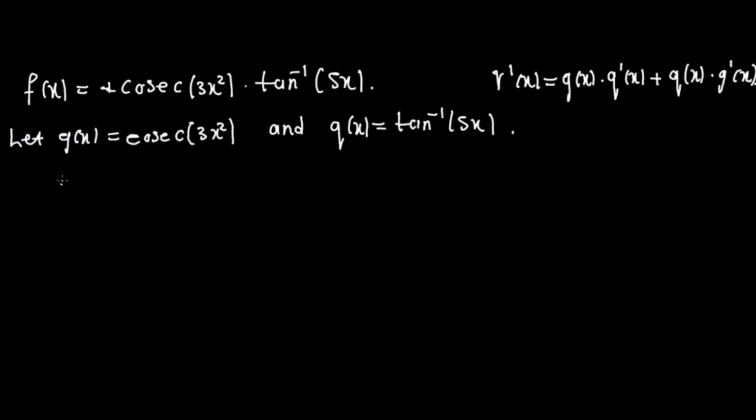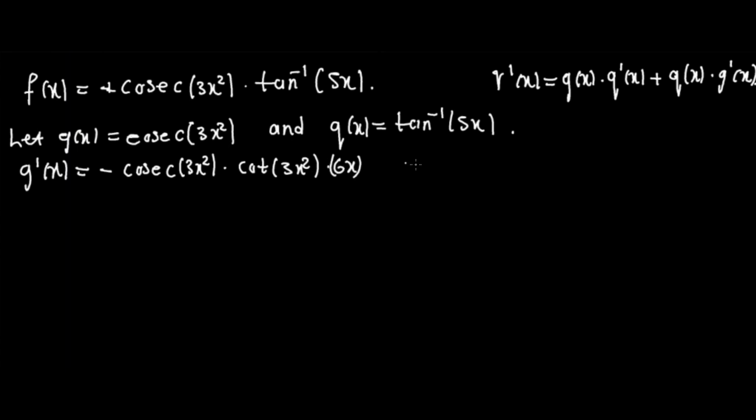So g prime of x is equal to the derivative of cosec, which is minus cosec 3x squared times the cotangent of 3x squared, times the derivative of the angle. So the derivative of the angle is 6x.